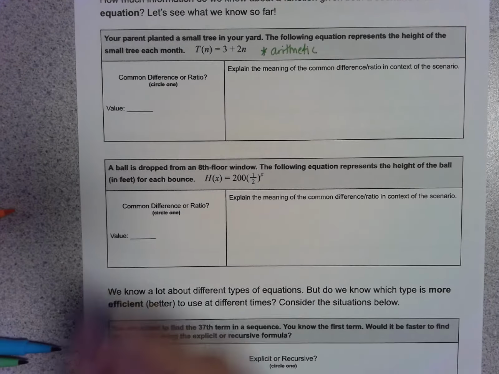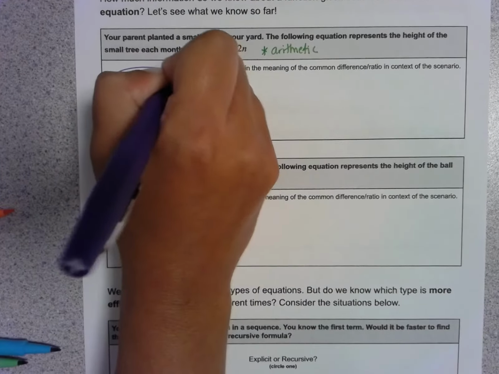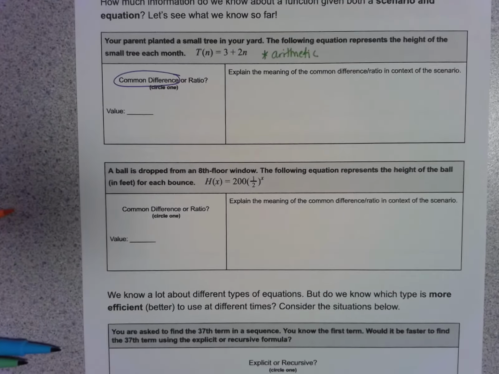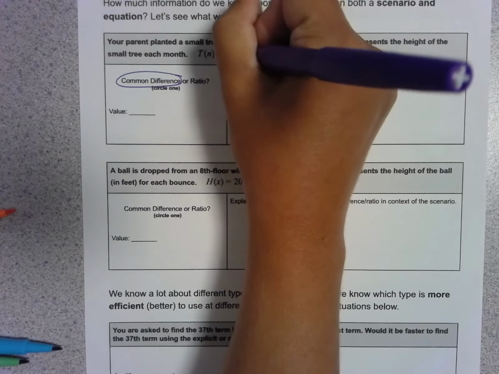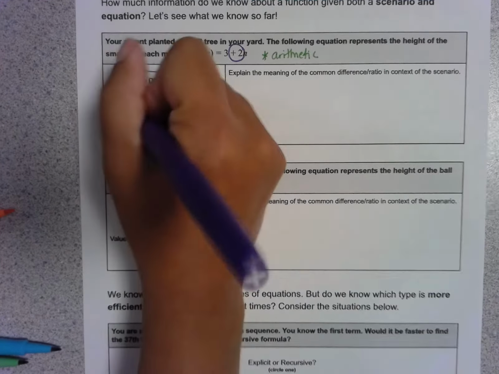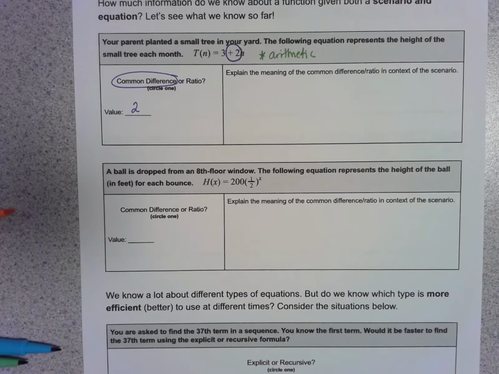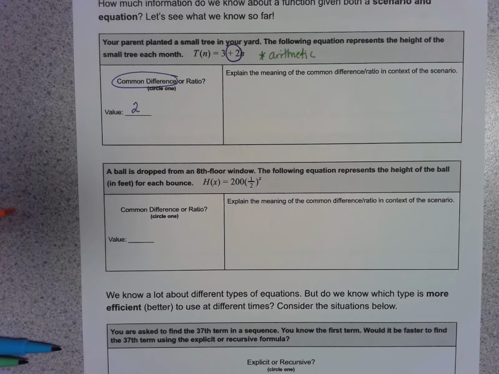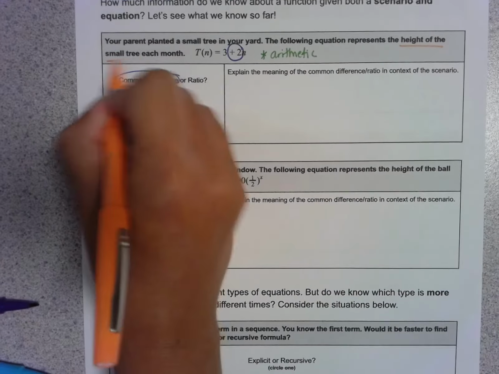If this sequence is arithmetic, it's going to have a common difference. And the common difference is always going to be the number attached to the variable, which in this case is 2. So my value here is going to be 2. Now that means that whatever we're measuring is going up by 2 each time. So what are we measuring? We're measuring the height of the small tree.